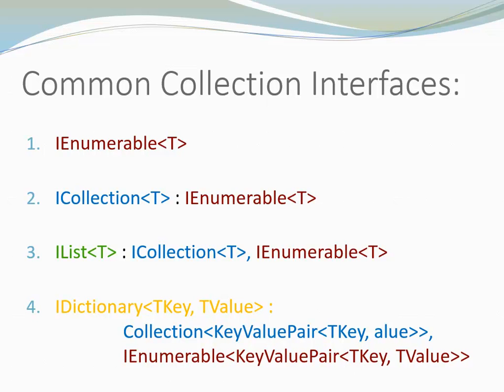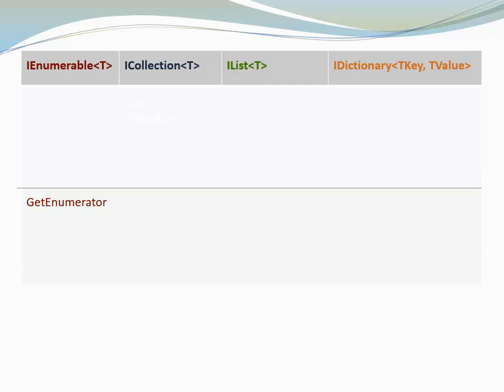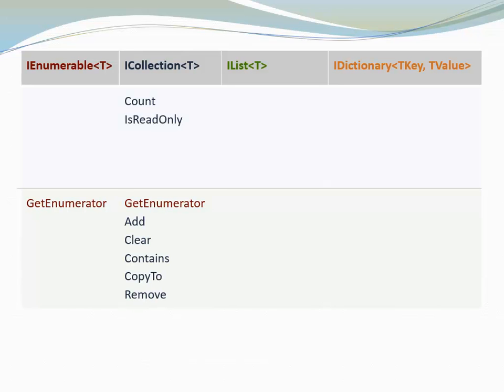Here we have the four interfaces again, but this time we'll add more detail. The properties we list at the top and the methods we list at the bottom. Here you can see the interface members of IEnumerable. It is one single method and it is named GetEnumerator. ICollection extends IEnumerable, which means it inherits all its members and it adds some additional new ones.